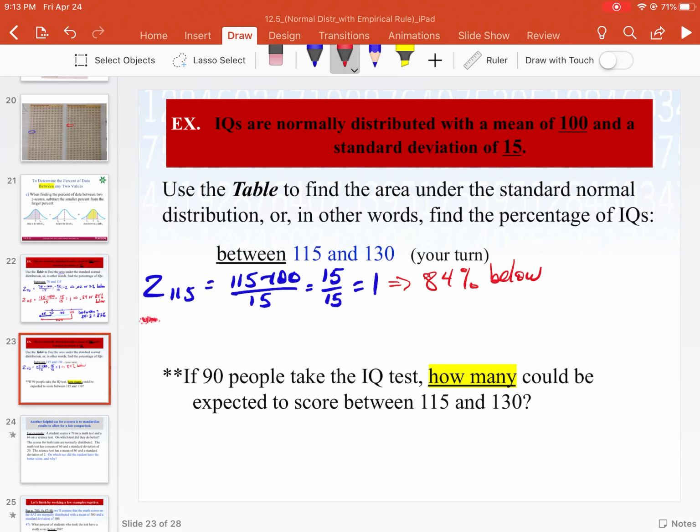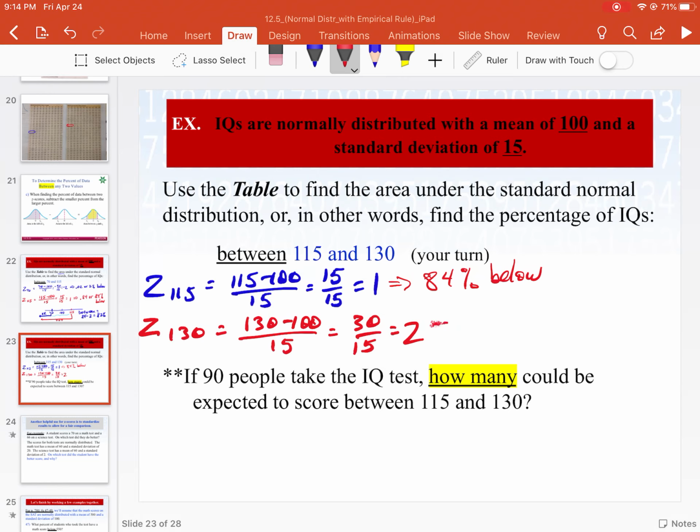And then we'll do the z-score for 130. 130's even higher, so that one is going to be plus. So 2 standard deviations, and I will go look that up.